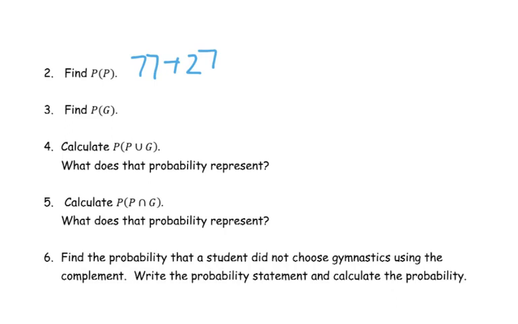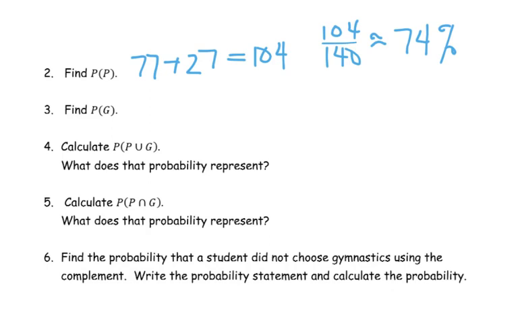That's including the whole circles, the 77 plus the 27. So that comes out to 104. So to find the probability of that, what we need to do is take 104 and divide it by 140. That giving us an approximated answer of 74% chose photography.